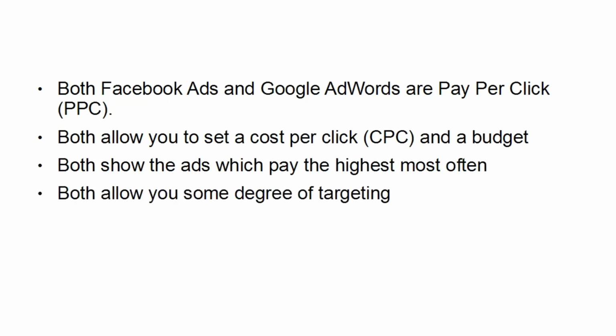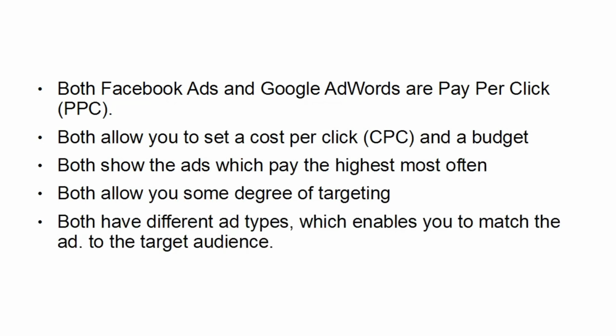Both allow you some degree of targeting, and both have different ad types which enables you to match the ad to the target audience. But that's about where the similarity ends. So let's take a look at some of the key differences between advertising on Google AdWords and advertising on Facebook ads.